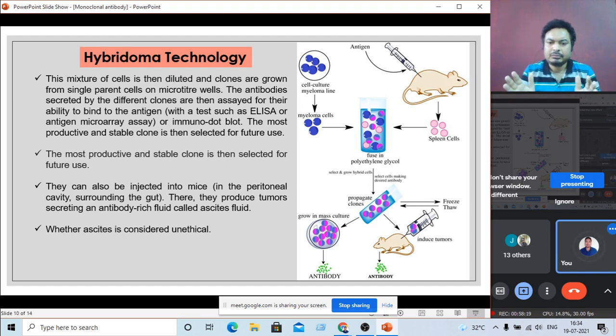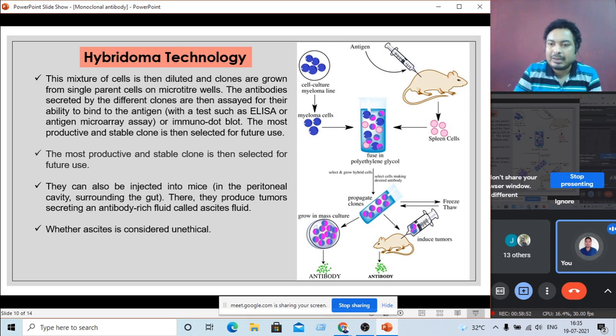Suppose we are producing antibodies for the spike protein. That means these antibodies are specific for the spike protein. How can we select whether they produce the antibody for the spike protein or not? In this condition, we apply the ELISA technique. In the ELISA plate, first we put the spike proteins. Then we apply the monoclonal antibody, which is already prepared.